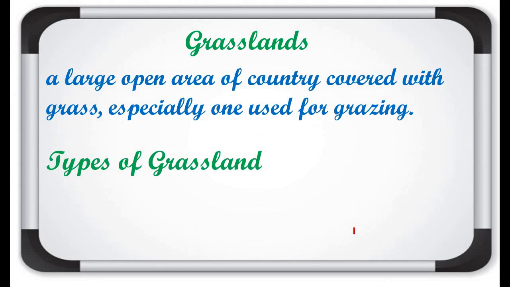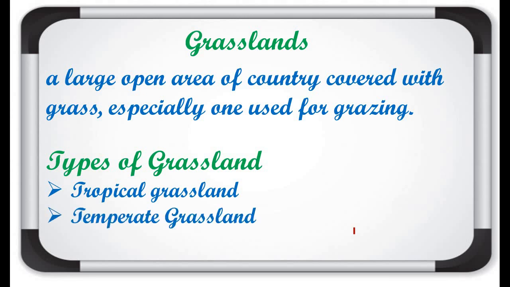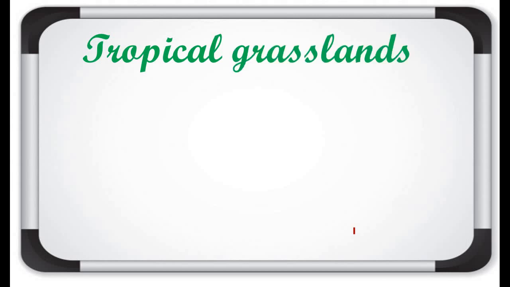Okay, beta, two types of grassland: first is tropical grasslands, and next one temperate grassland. Now we will study these two types of grassland. First one is tropical grasslands. So what are tropical grasslands? Where are they found?